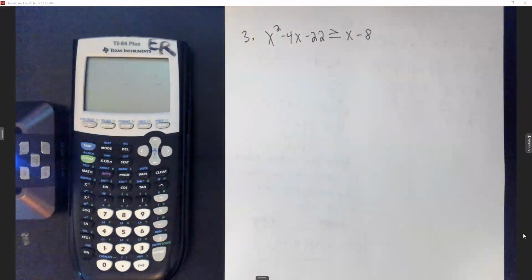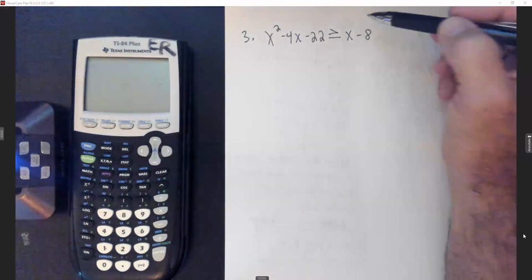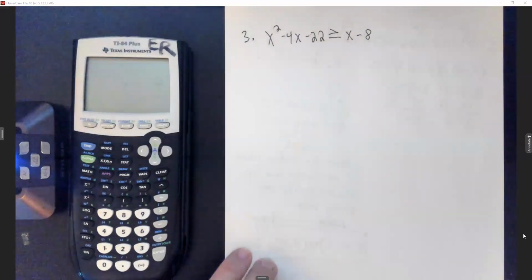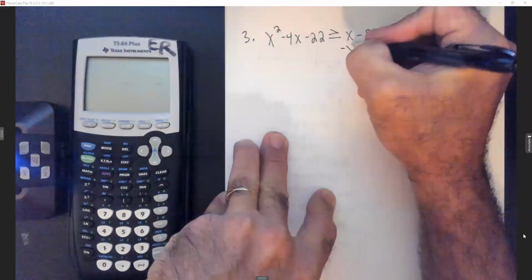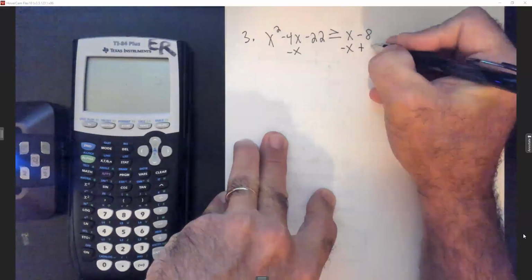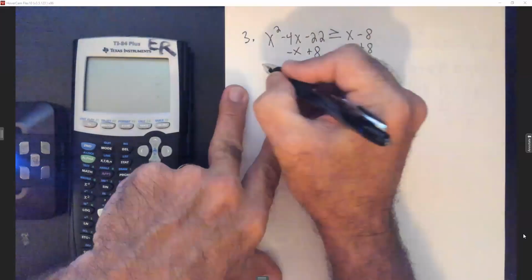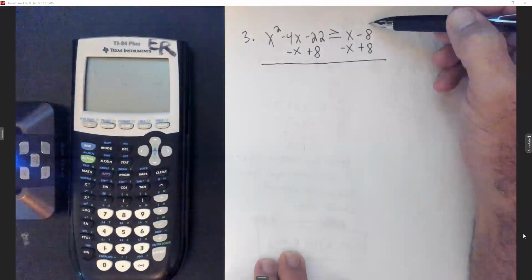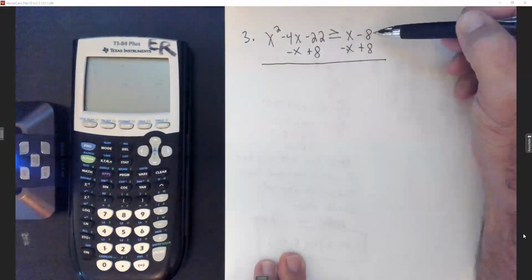So you look at this one and you notice there's not a 0 over here, so this side needs to be 0. So what I'm going to do to get a 0 here, I'm going to subtract the x from both sides, and I'm going to add an 8 to both sides. Right? So since I didn't have a 0 here, you had to add the opposite of the x's to both sides, and then the opposite of the negative 8 to both sides.